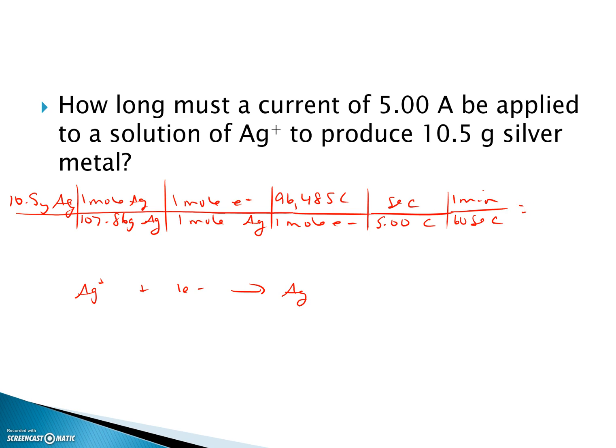So when we plug that into the calculator, we're going to get 31.3 minutes. That means that if we want to plate out 10.5 grams of silver metal from a silver ion solution using a 5.00 amp current, we would have to run that current through the solution for 31.3 minutes in order to achieve that much silver plating.